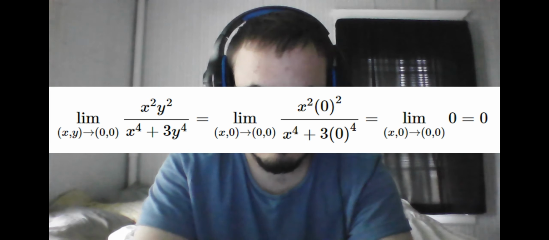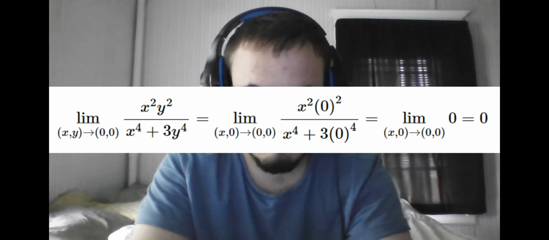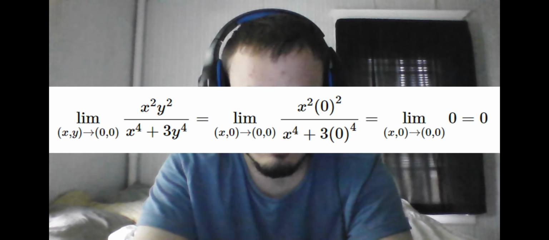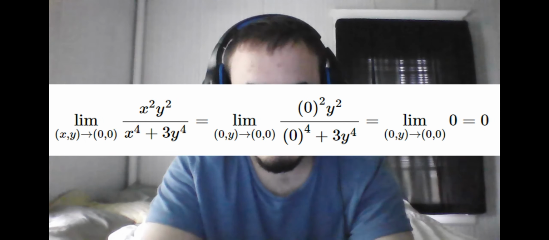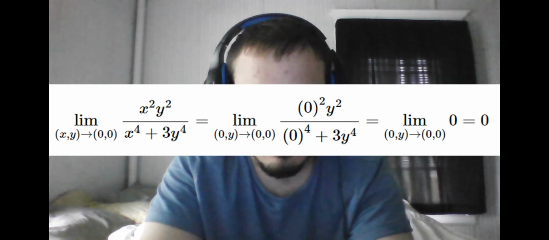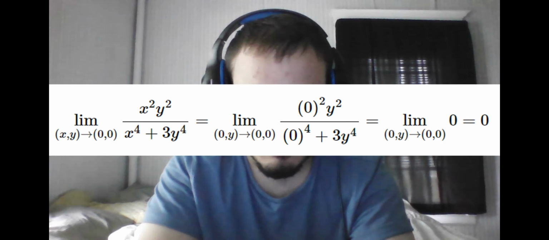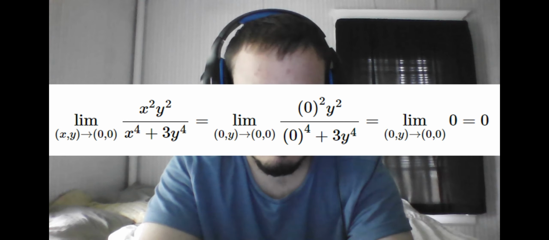In conclusion, the limit along the line y equals 0 is 0, but that is not the actual limit because it is only along one approach. So we test x equals 0 now. We get 0 over 3 times y to the 4th power, which is also 0. The limit of 0 is still 0.